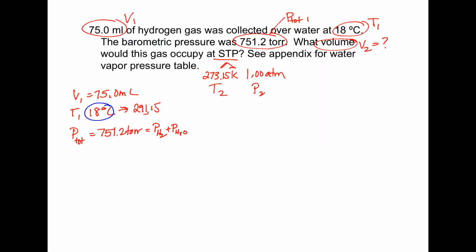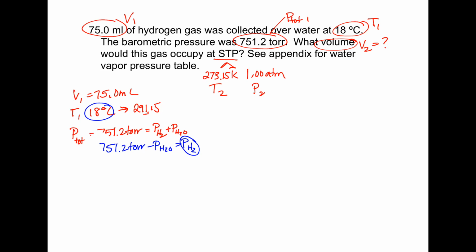Algebraically, I would say that 751.2 torr minus the vapor pressure of water is the pressure of my hydrogen. And that pressure of my hydrogen is what I need to do my problem, because I need to put in an initial condition and I want to get out a final volume of the hydrogen gas.